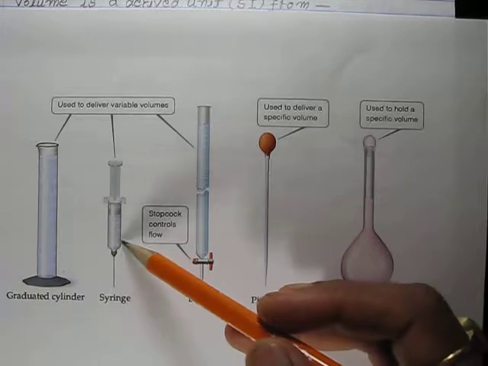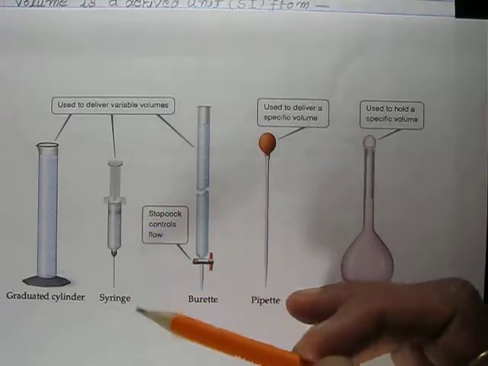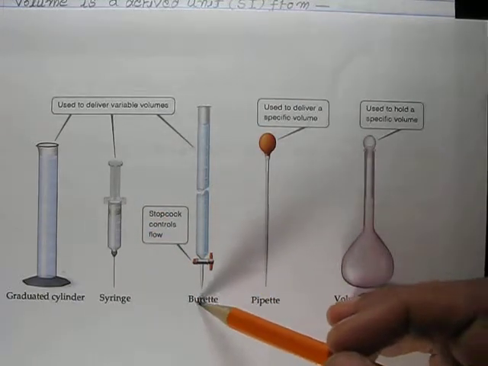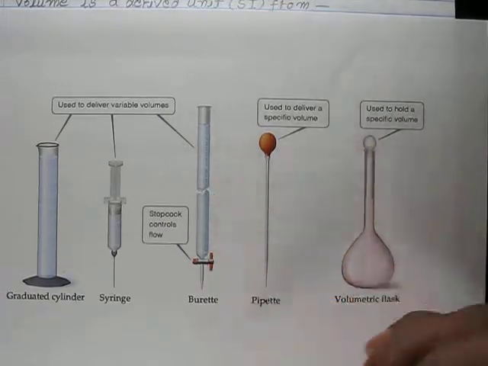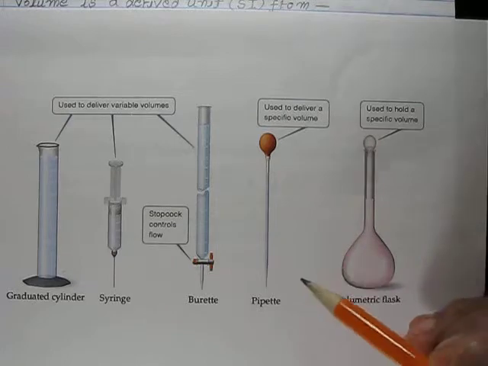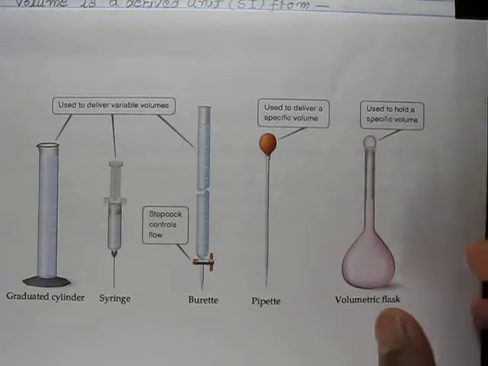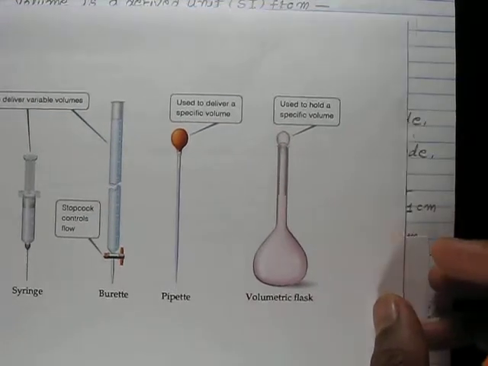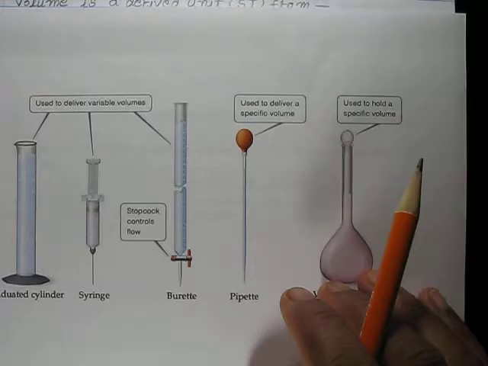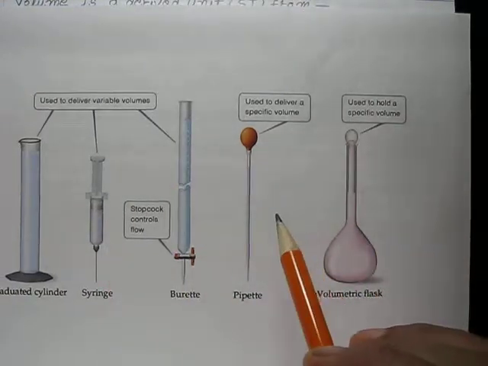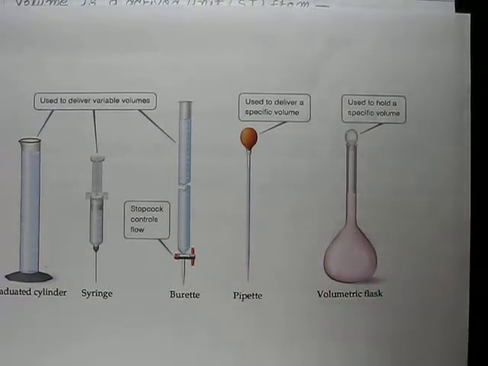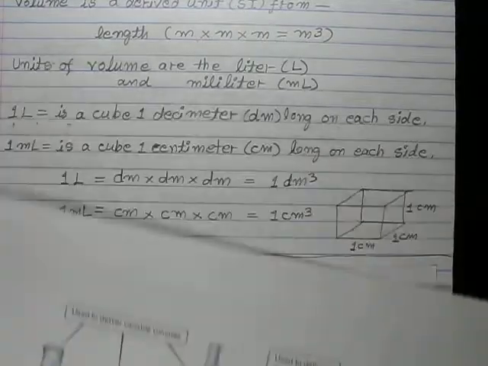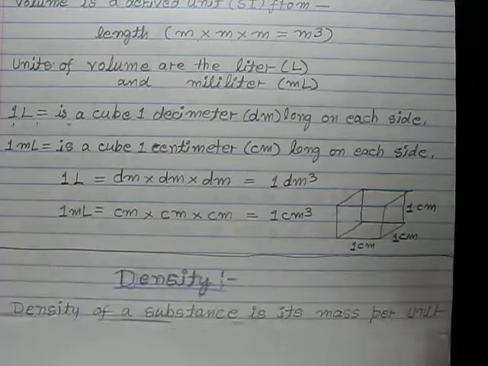Similarly, syringes are also graduated. And this is a burette, which also gives you some volume, and then the pipette, and then this is a volumetric flask. These kinds of glass or plastic apparatus you will use in your laboratory to measure the volume for your practical experiments.